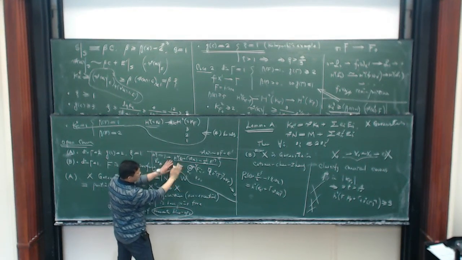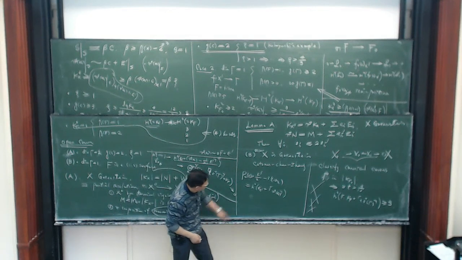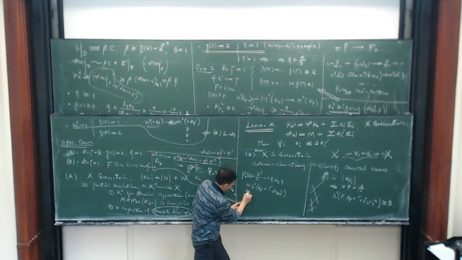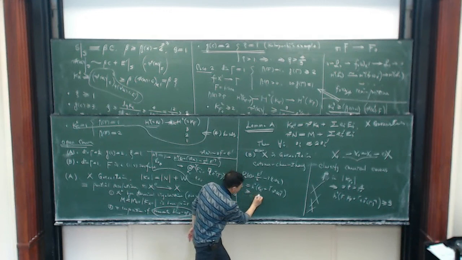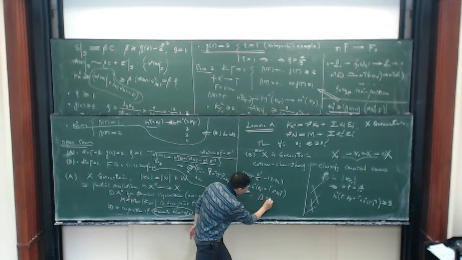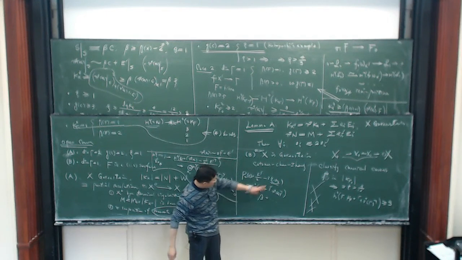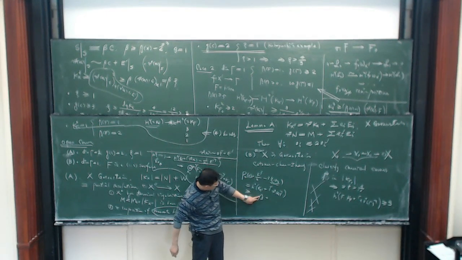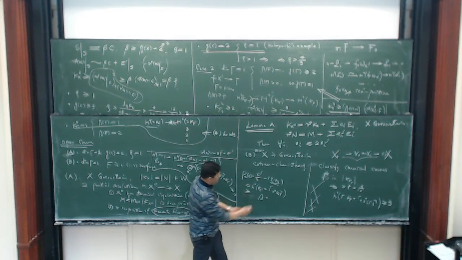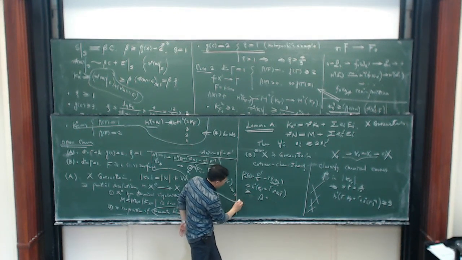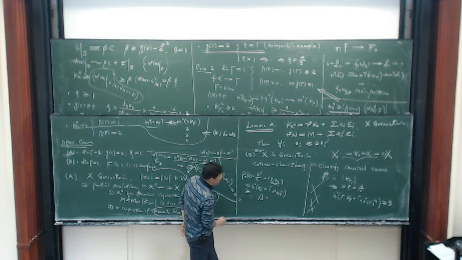So we estimate this, and then we get this is larger than something pg plus something. But in this case, chi OX is almost pg plus something. So finally you get some inequality.